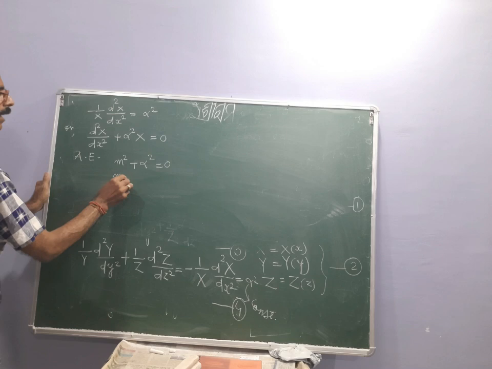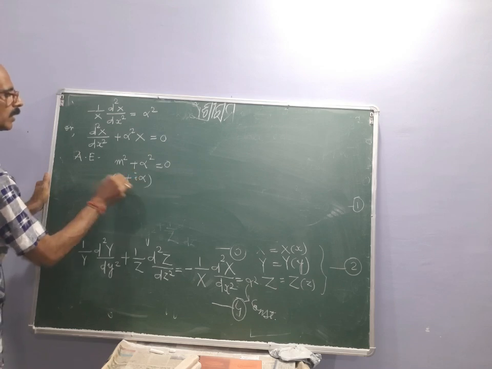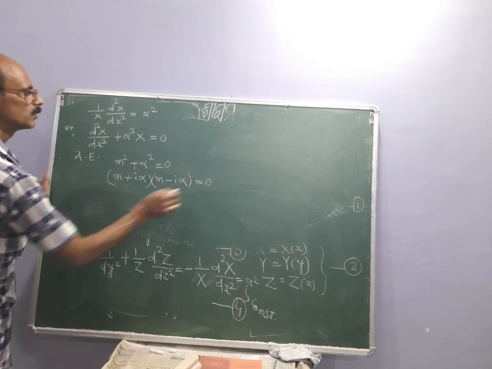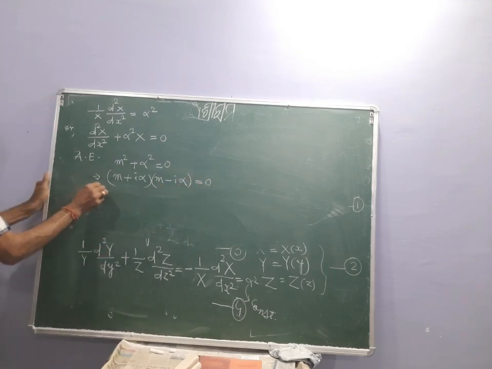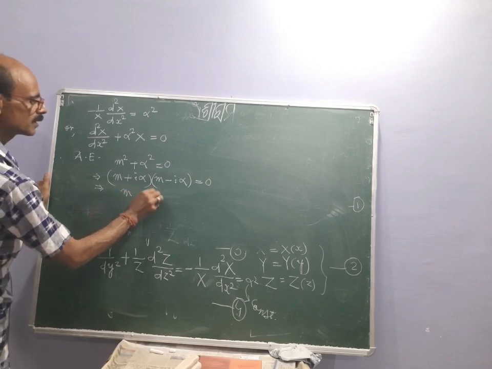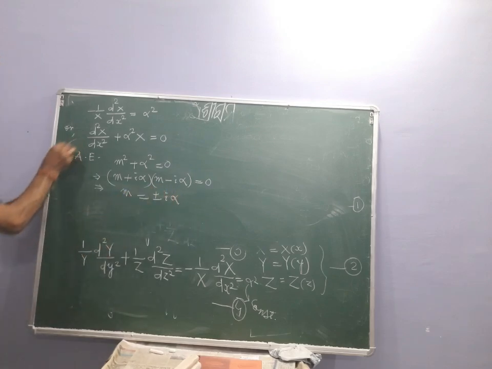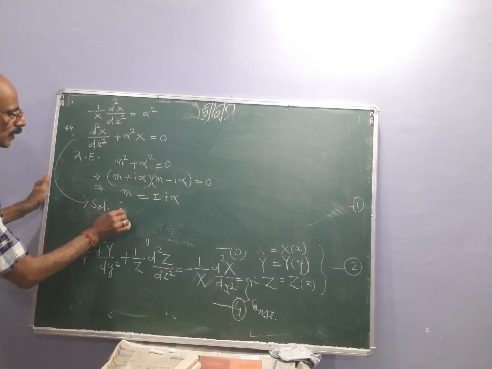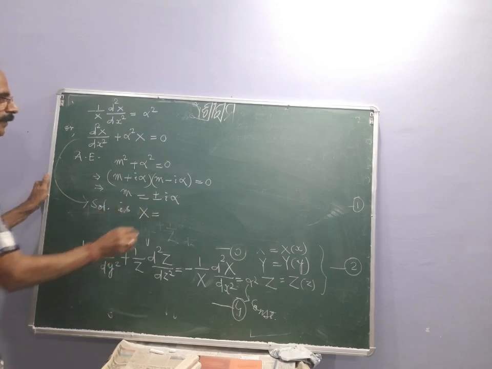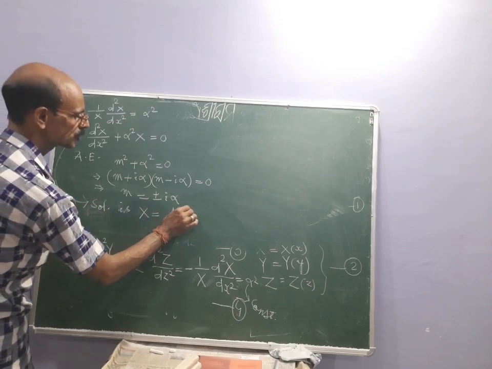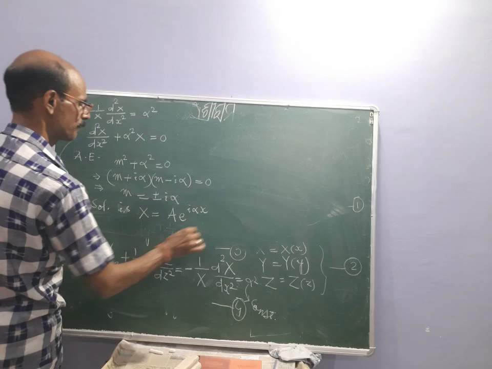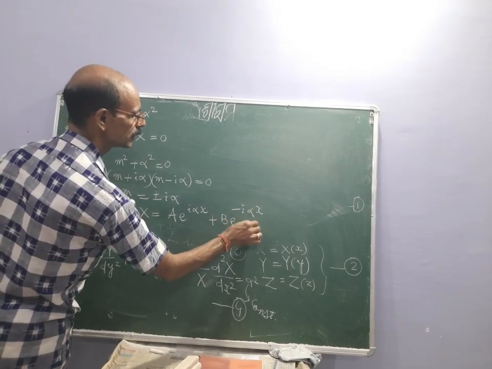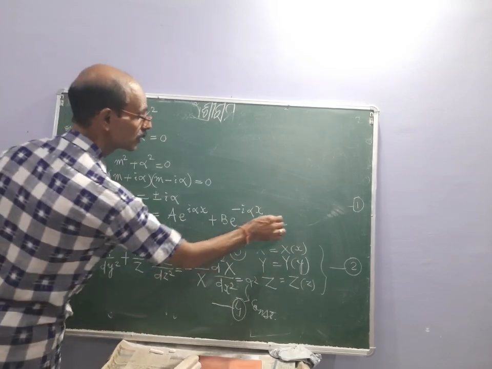So m plus i alpha into m minus i alpha is equal to 0. This implies m is equal to plus or minus i alpha. So its solution will be X is equal to A exponential i alpha x plus B exponential minus i alpha x. Let it be equation number 5.